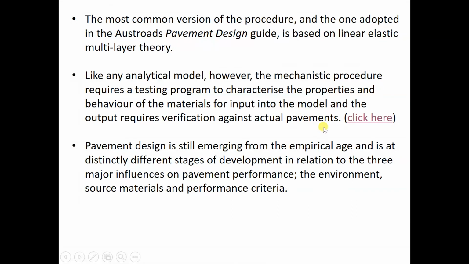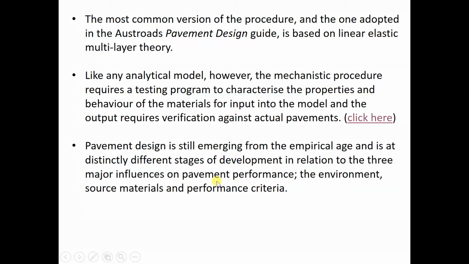Pavement design is still emerging from the empirical age and is at distinctly different stages of development in relation to the three major influences on pavement performance: the environment, source materials, and performance criteria.